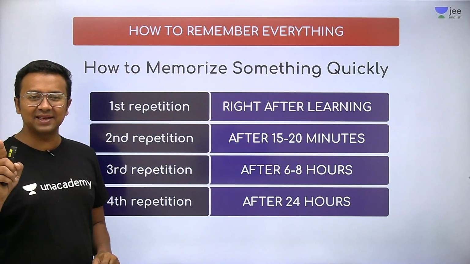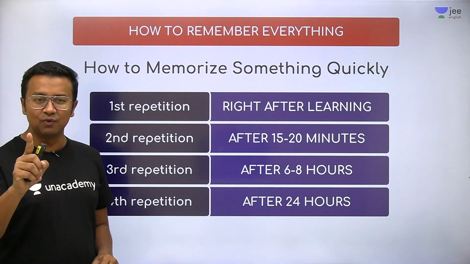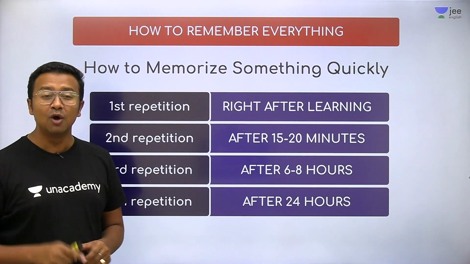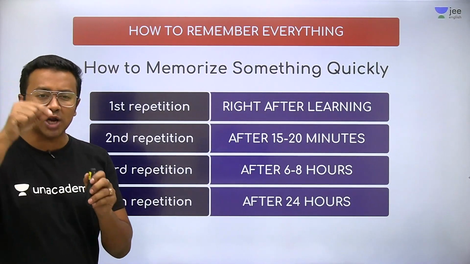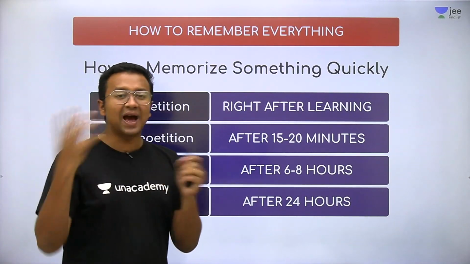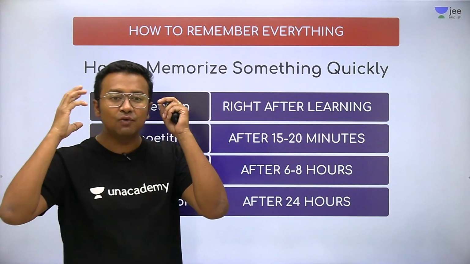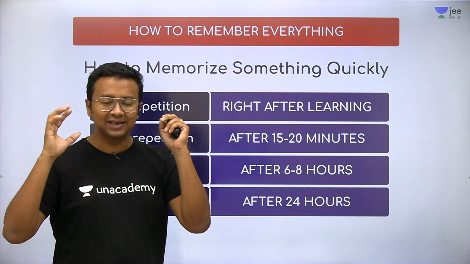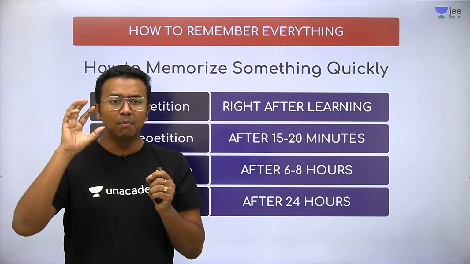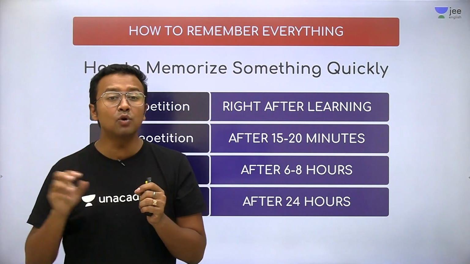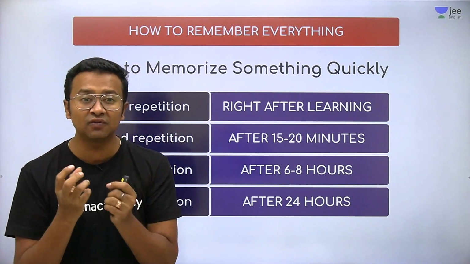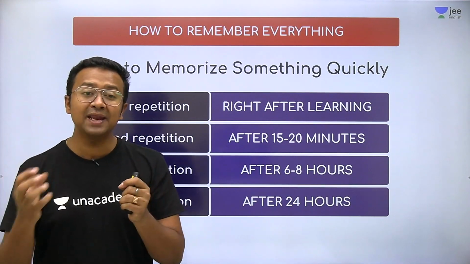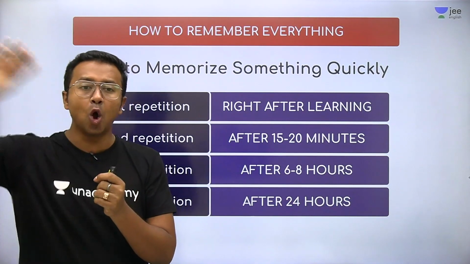So what you need to do in order to retain all that you have learned for the long term? This is a method, it is scientifically proven, and it is going to benefit you for your entire life. If you want to put something from your short-term memory to your long-term memory, the idea is very simple. We tend to forget things. Why do we tend to forget things? Because the more the number of recalls, the more the brain knows that this is a useful piece of information, so the brain is going to store it for a long-term purpose.